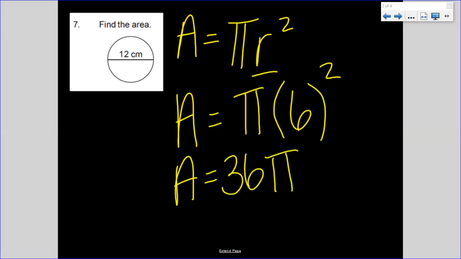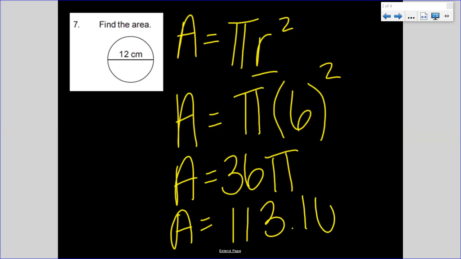If your answer asked you in terms of pi, this would be it. But it goes one step further, and we multiply 36 times the pi button, or in short, 3.14, and we end up with 113.10 centimeters squared because it's area.